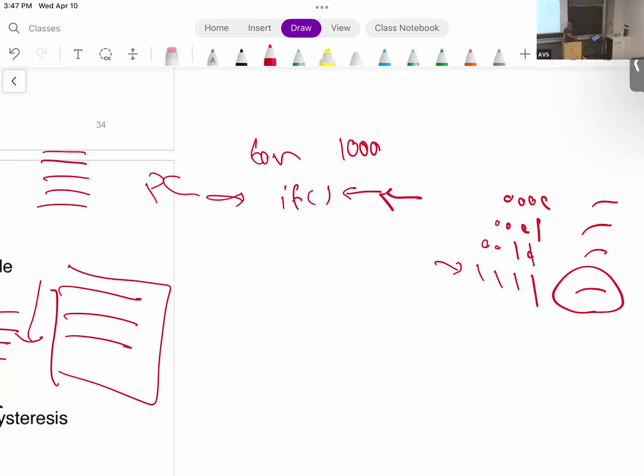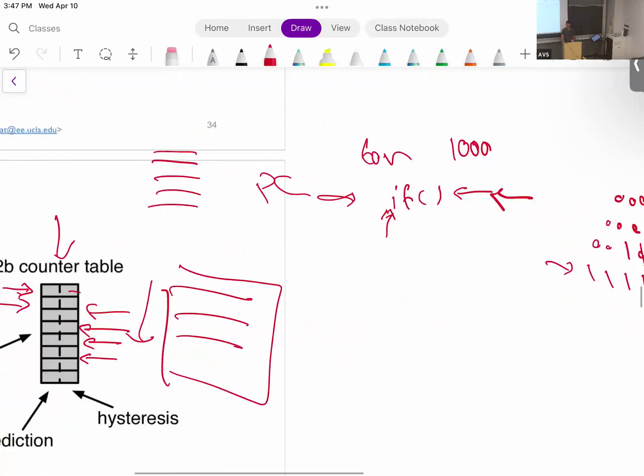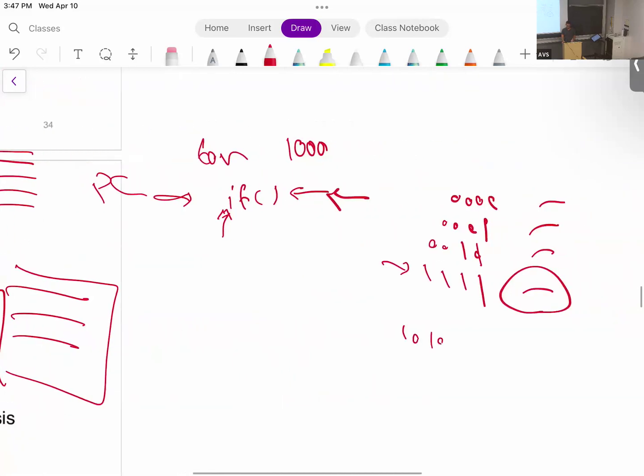But now think about this alternative scenario: if this branch is taken, not taken, then this gshare can actually help you a lot, because then you're going to have something like this. And this actually gives you the exact table that you want, because you're flipping between the two.